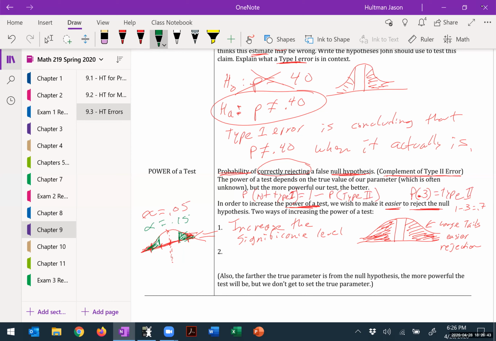Okay, so what about number 2? What else is going to give me bigger tails here? Well, let's compare 2 different graphs. Let's compare one that's really wide to one that's really narrow.